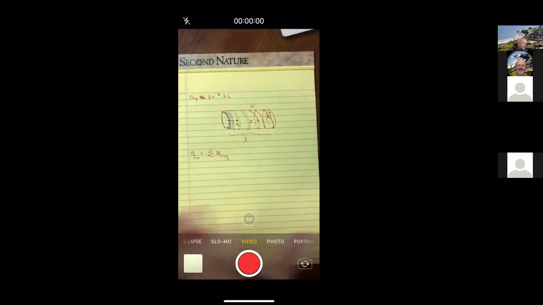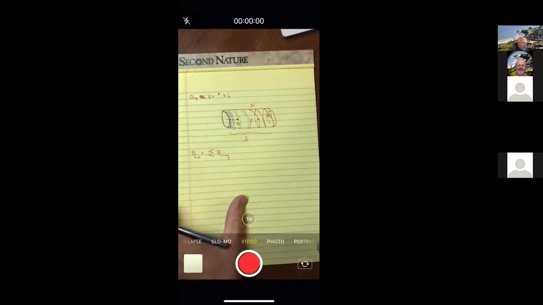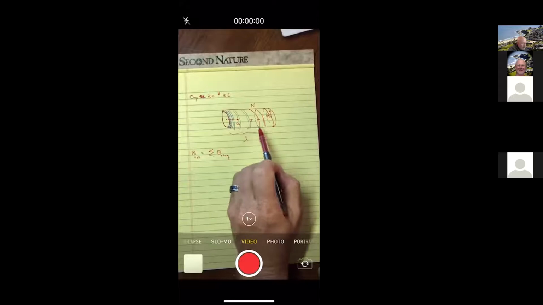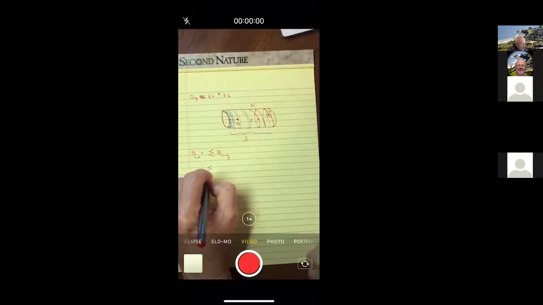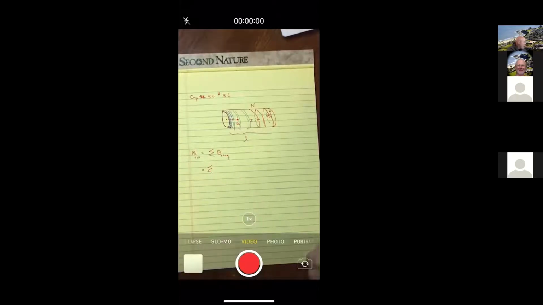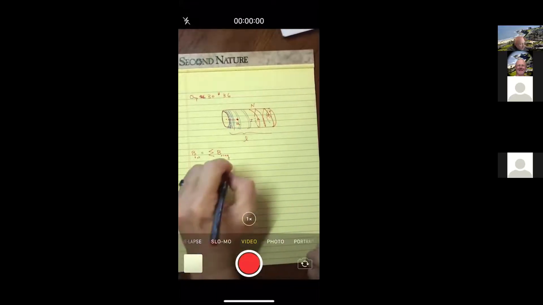Anyways, we're basically doing the same thing. So that's where I wanted to begin with this problem, just to let you know the thinking behind it, that I'm going to think of this solenoid as a stack of a bunch of rings.